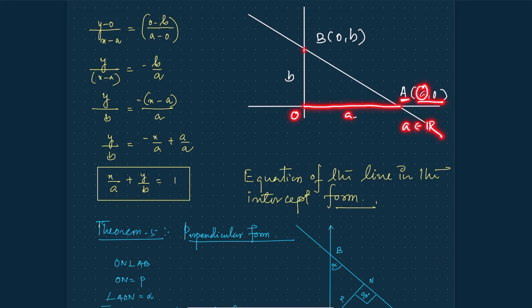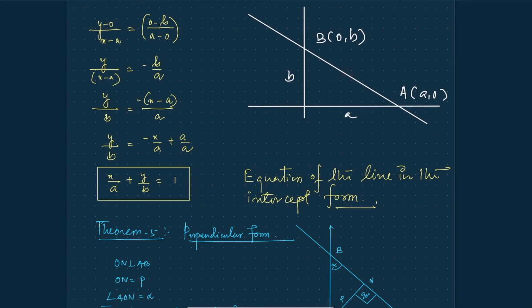Next, B is equal to (0, b), because on the y axis the x coordinate is always 0. This b is also a real number, it can be anything like 1, 2, 3, 4, 5.